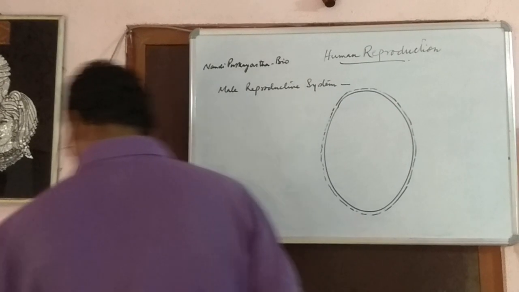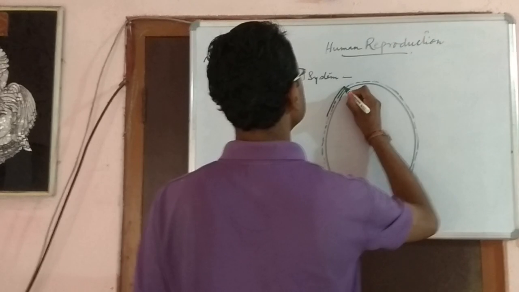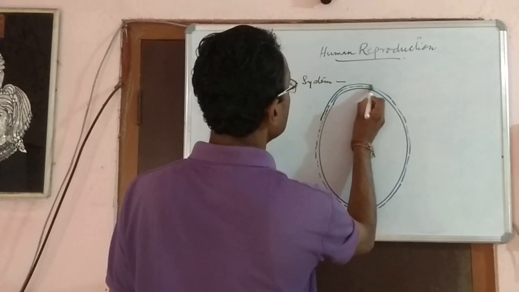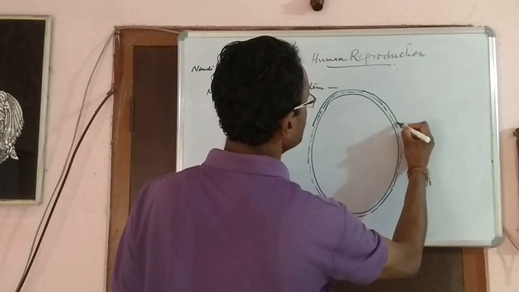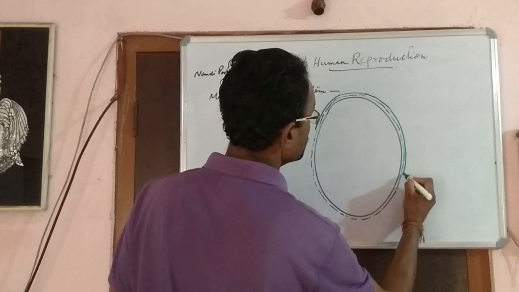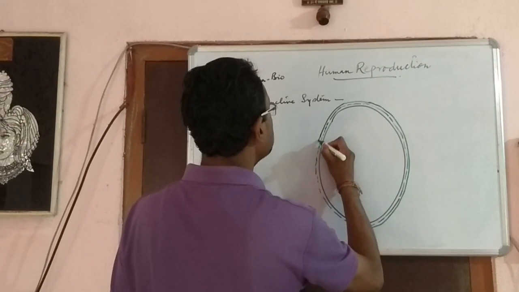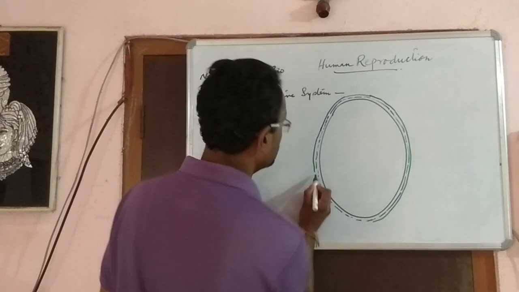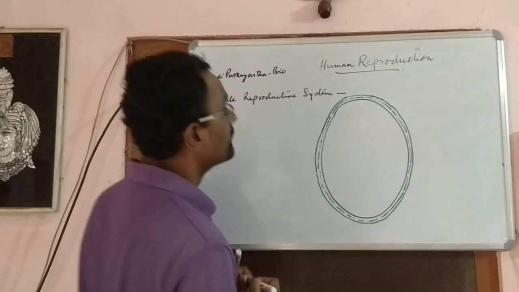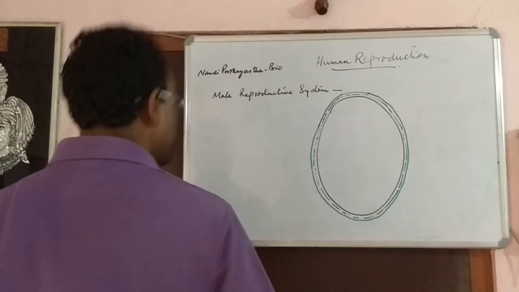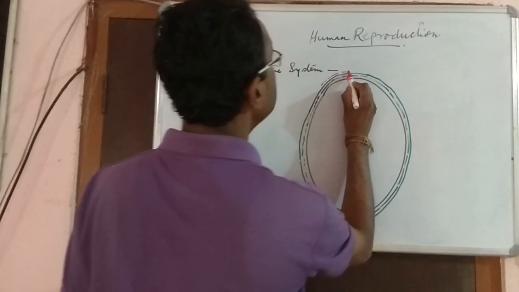Blue color that I have given. Next I am giving green color. It is called vasculosa. This is also a tunical layer. It surrounds the albuginea layer. Surrounding it, there is another layer which I am putting with the help of red color, that is called vaginalis.